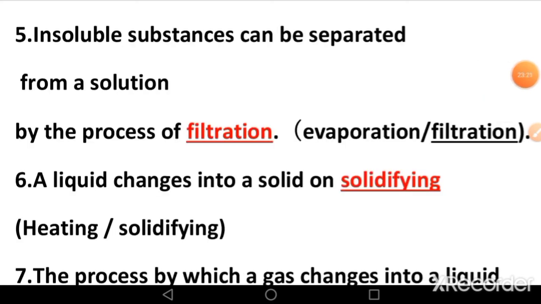Fifth, fill in the blank. Insoluble substances can be separated from a solution by the process of dash. Separation of substances means to remove. So through the process of filtration, we can separate insoluble substances.